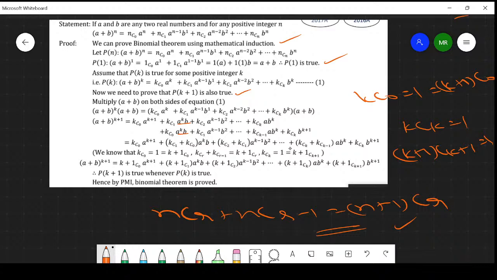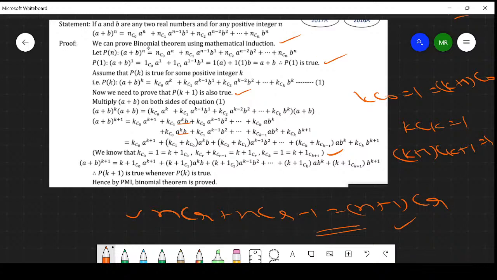All terms you replace using this equation. Here you write kC0 means k plus 1 C0. Here adding this using this formula, you will get k plus 1 C1 a power k b, k plus 1 C2 a power k minus 1 b square, and so on. The last term, kCk replaced with k plus 1 Ck plus 1. Then wherever k, we got k plus 1.